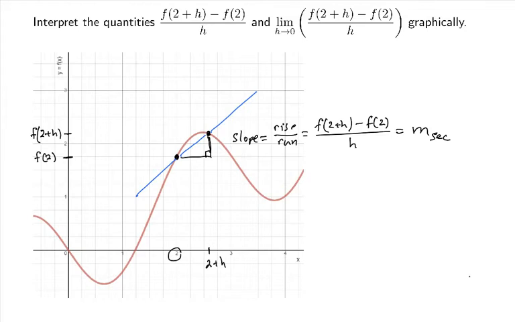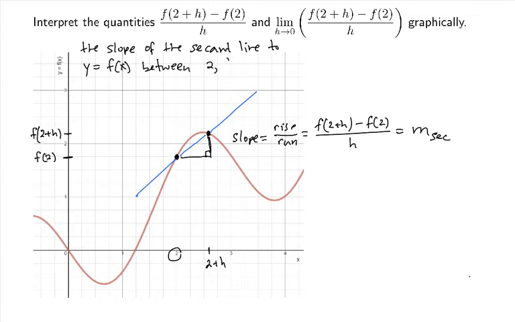Now notice that this quantity that we've claimed is the slope of the secant line is precisely the same as the first difference quotient up here. So that tells us that we know what that quantity is, and we can go ahead and write it down. So this is the slope of the secant line to the graph of y equals f of x between what 2 points?